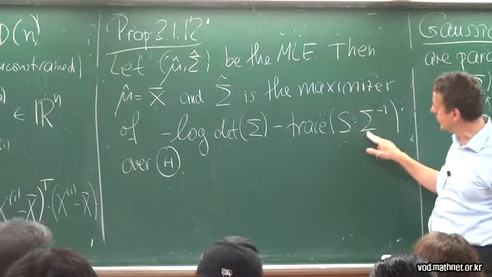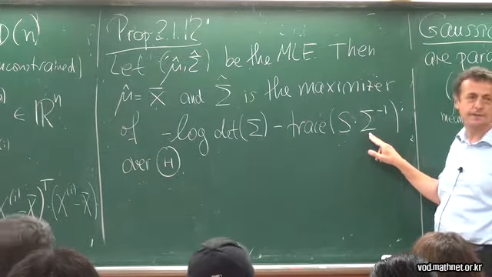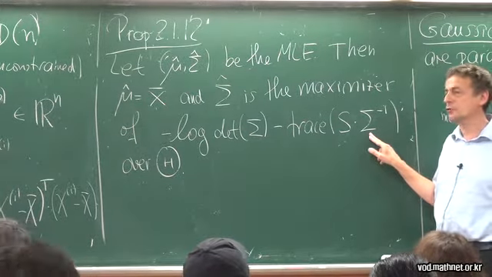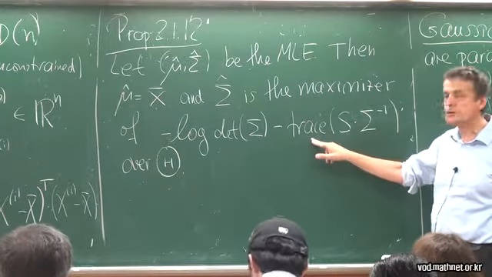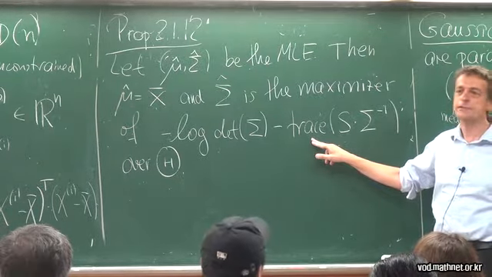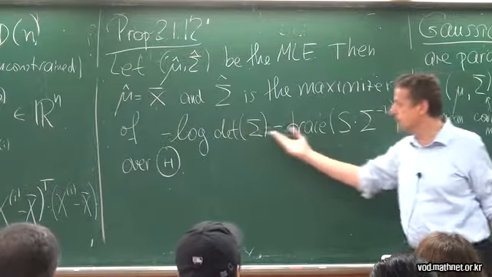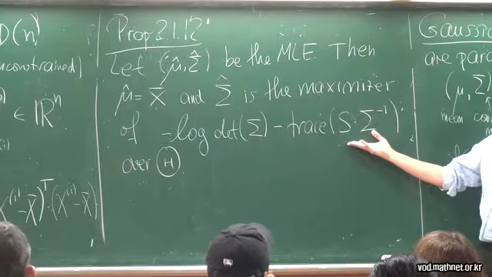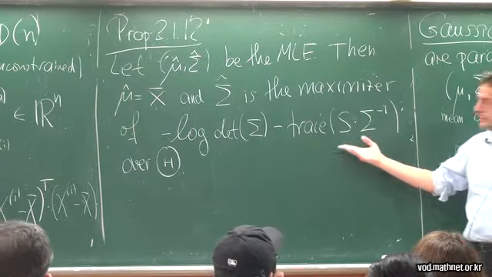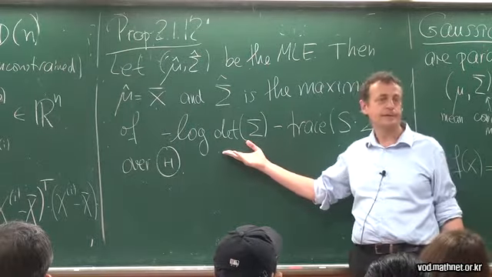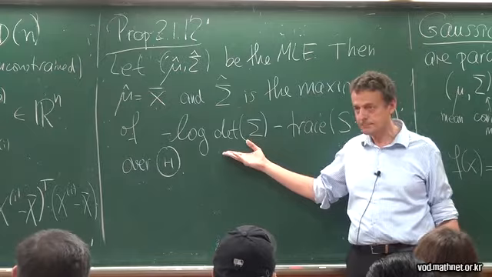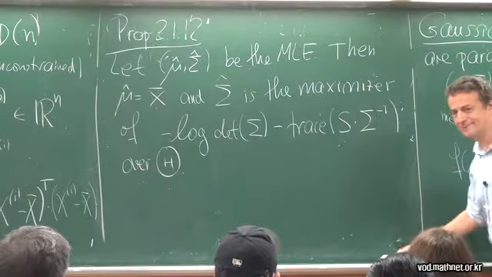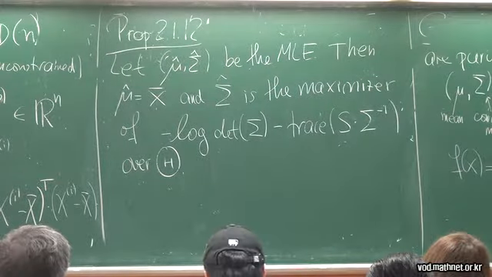That's the matrix product times sigma inverse. It's a function on the cone, because I'm only looking at positive definite matrices. And then the trace is the sum of the diagonal entries. So this here is a rational function in sigma. And this is not a rational function in sigma. Yet. Okay? So that's the function we want to maximize.